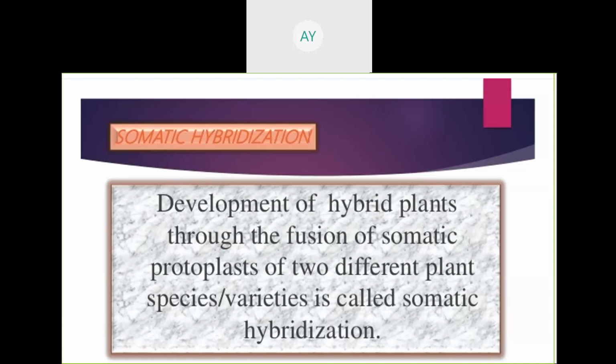So this is the most effective way to get virus free plants and rapid multiplication of the plants through plant tissue culture methods. Okay, so try to observe the different methods for regeneration of the plant, that is, one is organogenesis and second is somatic embryogenesis.